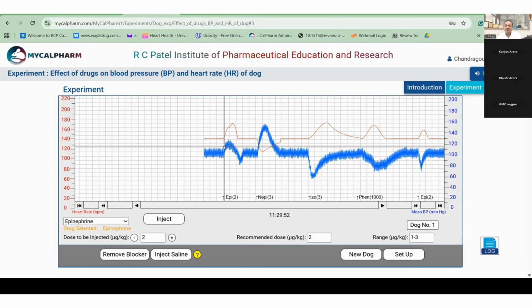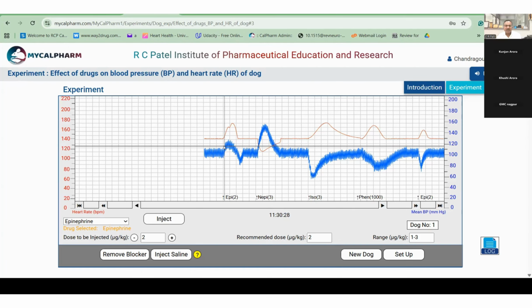Then we can ask our students what will be the consequence if there is a rise in the concentration of adrenaline in a patient suffering from pheochromocytoma. If you administer phentolamine to a patient suffering from pheochromocytoma, in whom there is a rise in adrenaline level, what will be the impact of this kind of drug on their blood pressure? Like this, we can make a very complex subject more and more interesting, and layer by layer we can go on introducing our students to the concepts of pharmacology.